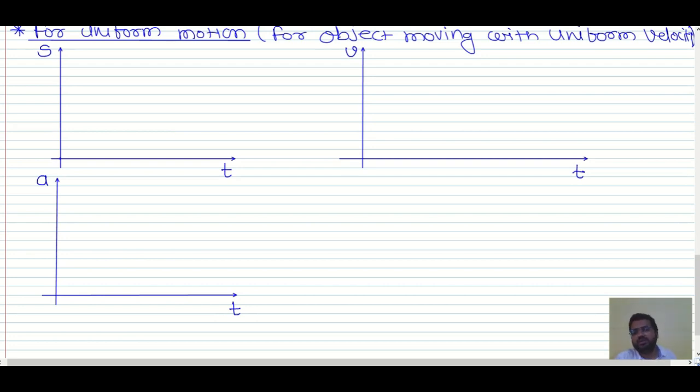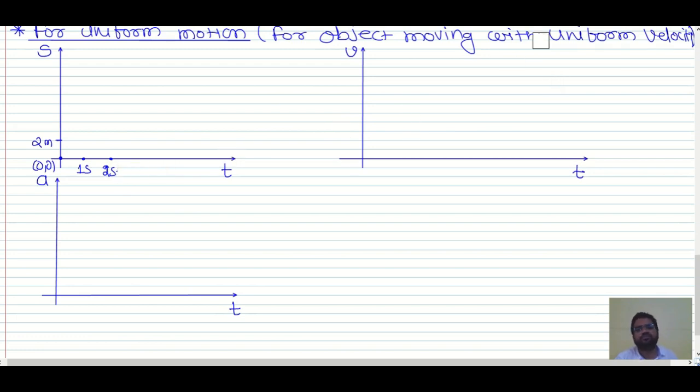If initially I consider particle is at origin, 0 at 0 seconds, 0 meter. In 1 second, what is the change in position? In 1 second, particle's position will change by 2 meter, because the velocity of the particle is 2 meter per second. At 2 seconds, what will be its position?